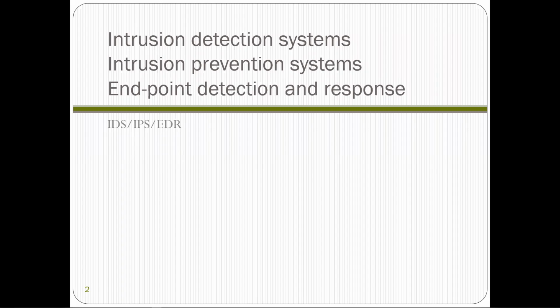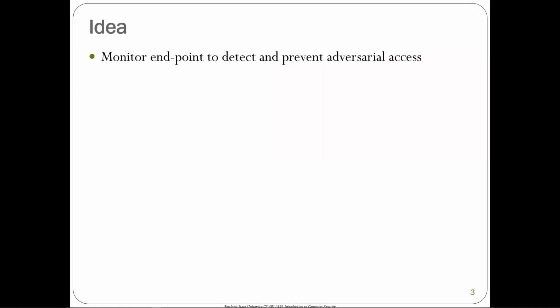And now we're trying to add even more in terms of the amount of data that we're using to both detect and prevent intrusions. So now the buzzword is EDR, which is endpoint detection and response. All of these things are labels on the exact same thing, and that's what we're going to cover. The idea is to monitor your endpoint and then detect and prevent adversarial access.